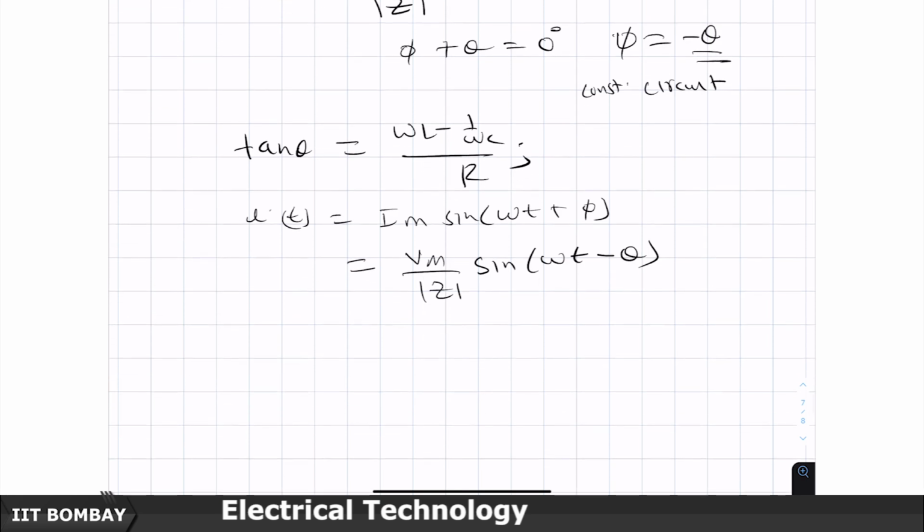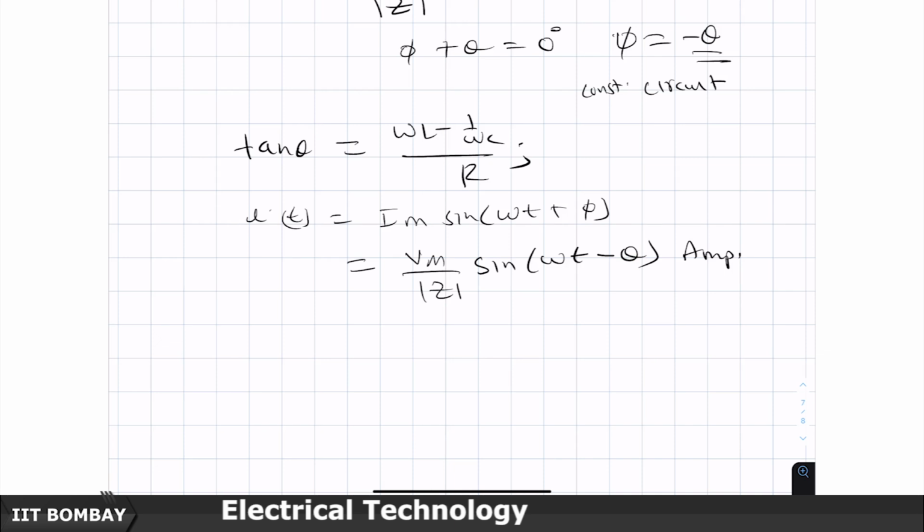So, the current is also a sinusoid, scaled. The peak voltage has to be scaled by the magnitude of the impedance Z, and it lags the voltage waveform Vm sin of omega t by an angle of theta, in radians or degrees as it would be expressed, and of course, this is in amperes.